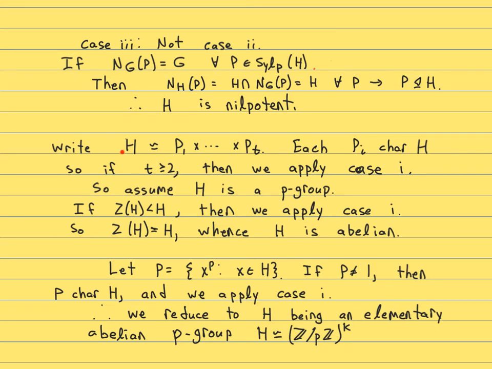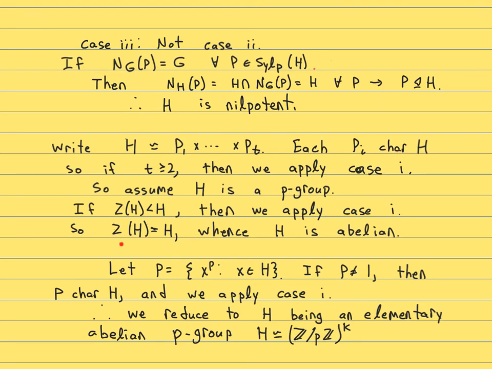So this part's not in the proof in the book. They actually work with the center first. But I'm doing it in a slightly different order. So I've reduced ourselves to the case that we're only working with P groups. Now I'm going to reduce to abelian P groups. So suppose that the center is a non-trivial subgroup, then we can apply case 1 again, because the center is a characteristic subgroup.